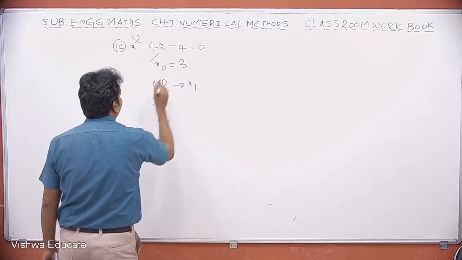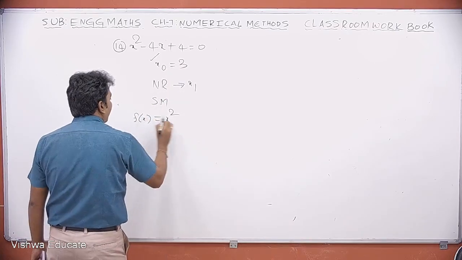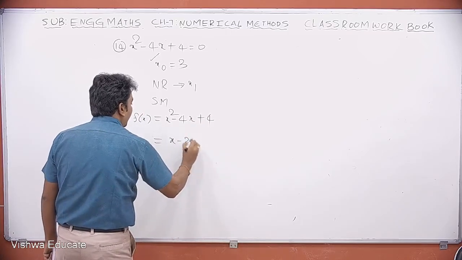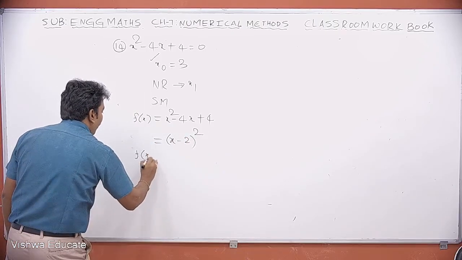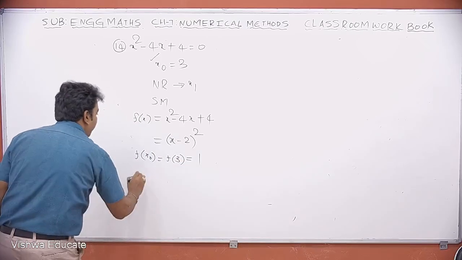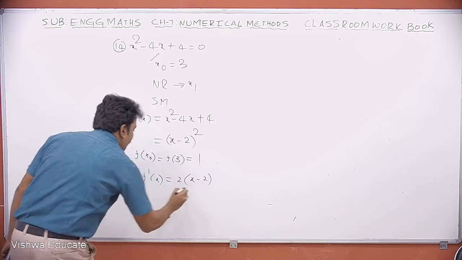Now let us see. Actually here the function f of x is x squared minus 4x plus 4. So therefore this is (x minus 2) whole squared. Now f of x0 equal to f of 3. So this is 1. F dash of x equals 2 into (x minus 2).